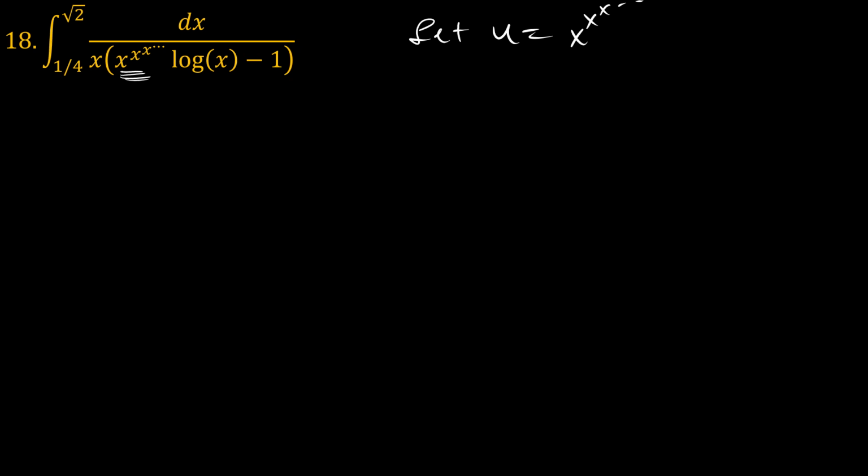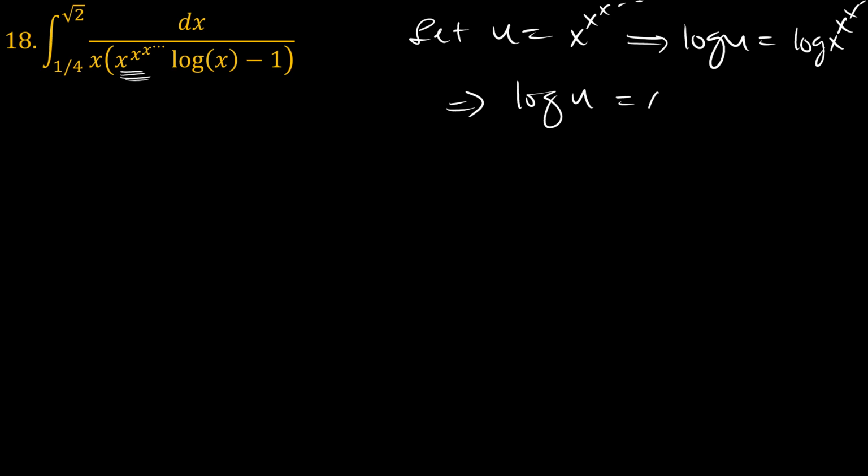such that the natural logarithm of u is equal to what? The natural logarithm of u equals the natural logarithm of x to the x to the x and so on, which means that log of u is equal to x to the x on, times log of x.